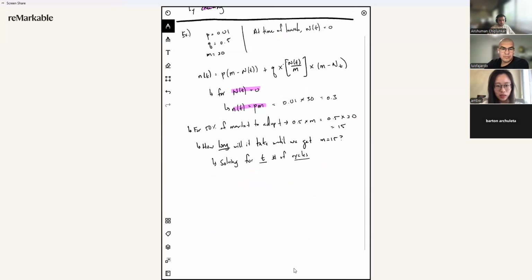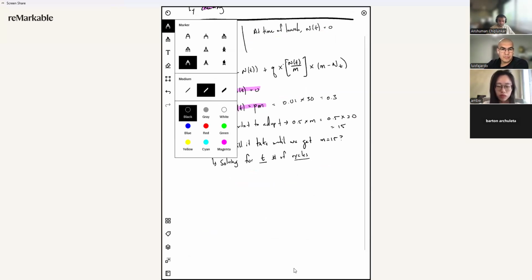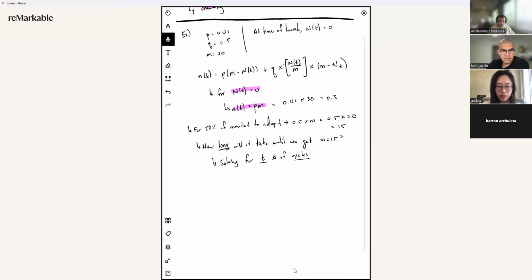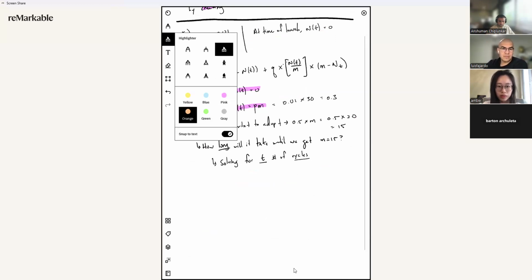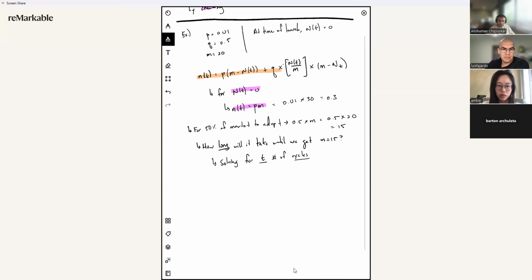And for every calculation that we're going to do, this right here is the main equation that we're going to be dealing with pretty much everything.